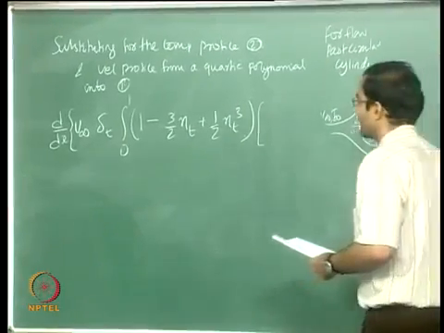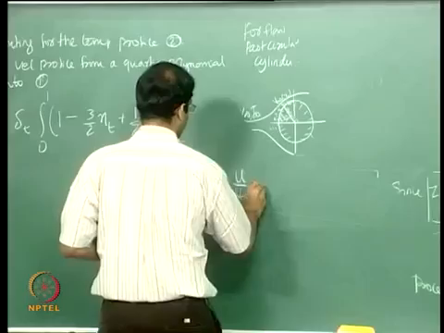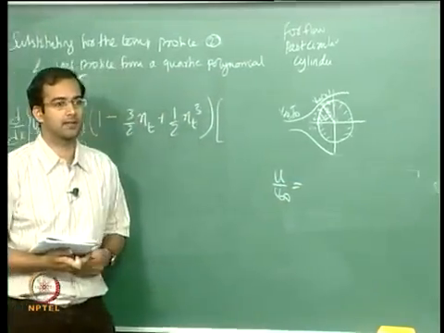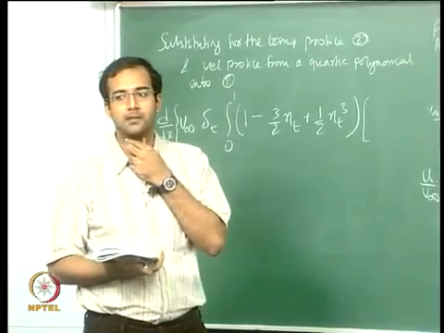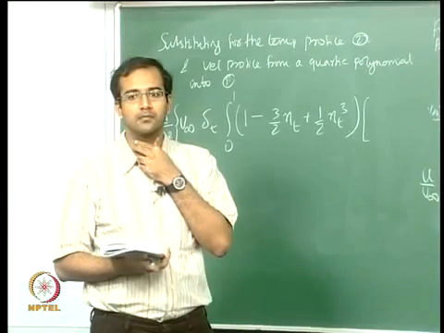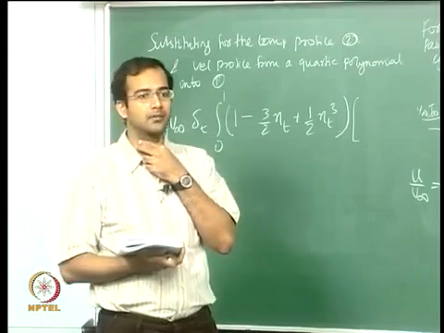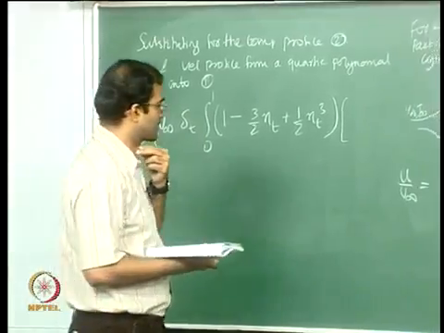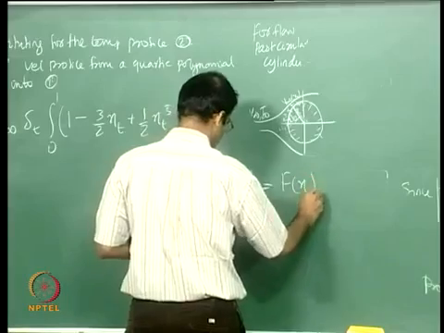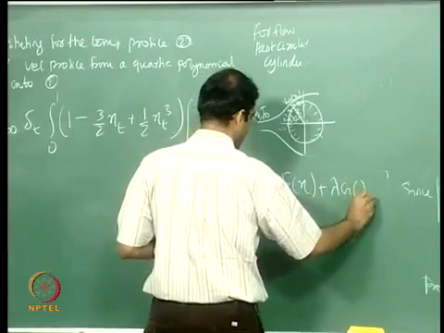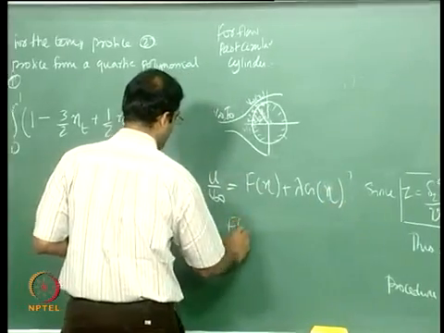What was that we derived yesterday? 1 by 2, where is this coming from? 2 eta minus 2 eta cube plus eta to the power 4. If you substitute everything in a compact notation, it was f of eta plus lambda g of eta, right? So what was your f of eta?